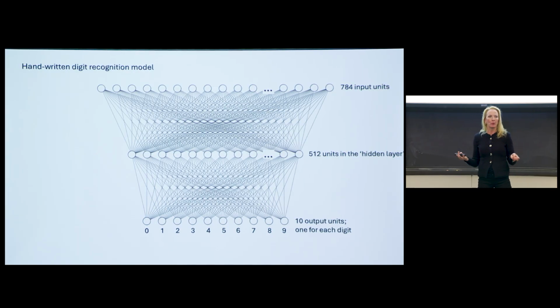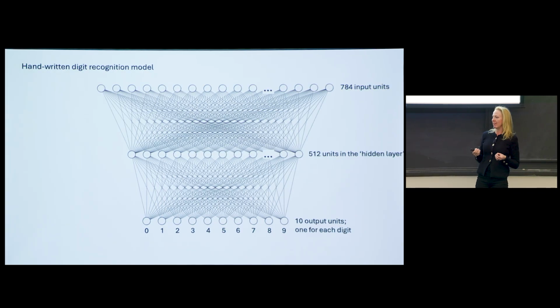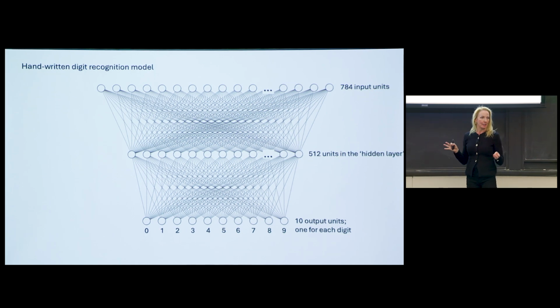Guesses probably is a better word, about which category, which number a given handwritten digit corresponded to. And then I trained it by letting it see 60,000 training examples. And it took about probably 30 seconds on my laptop, right? And after that, it was able to attain 98% accuracy.